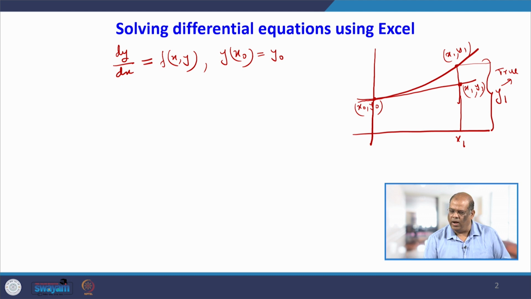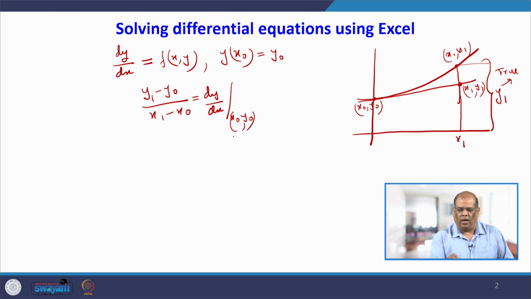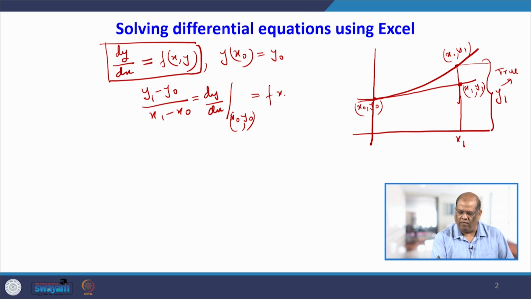If I calculate the slope, this value of the slope is (y1 - y0)/(x1 - x0), and we know that is equal to dy/dx at the point x0, y0. And from this equation, you get this is equal to f(x0, y0).